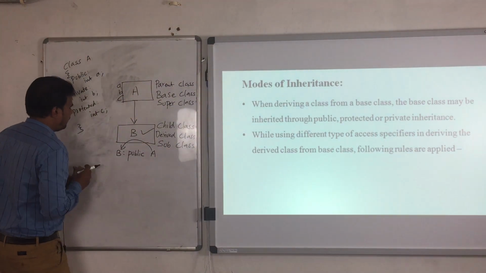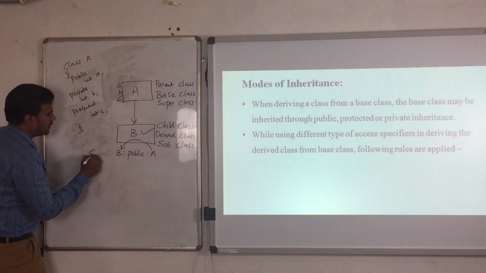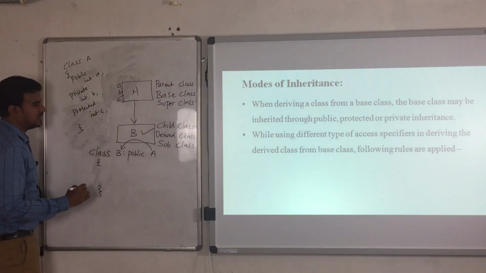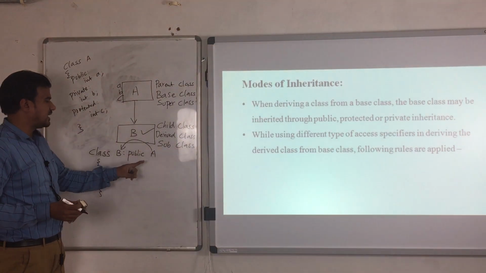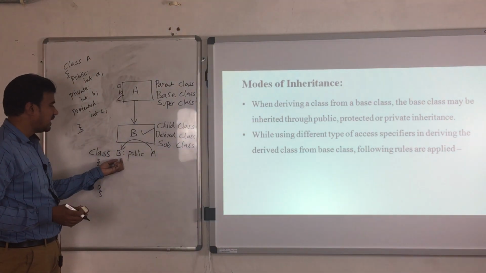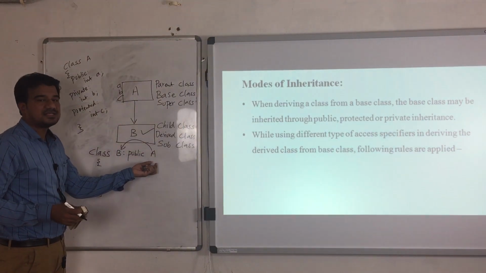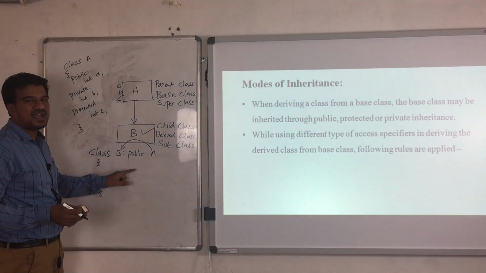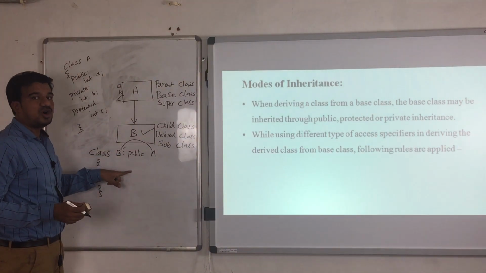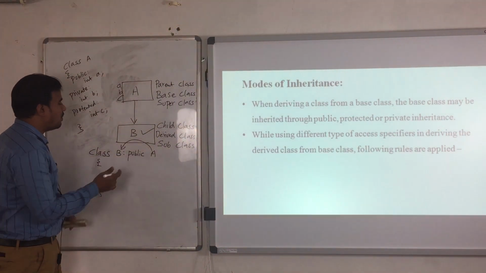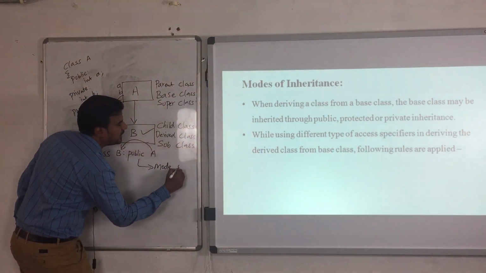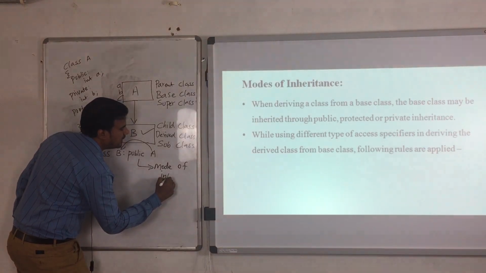So now when I write the derived class definition like this, class B, I am deriving from class A in public mode. Here, whatever access specifier you are going to put, we call that access specifier the mode of inheritance.